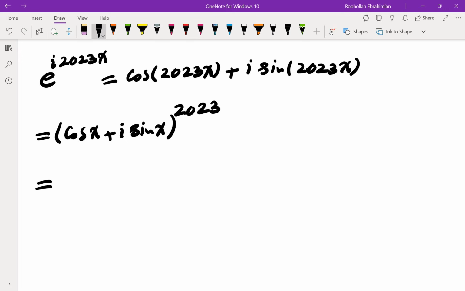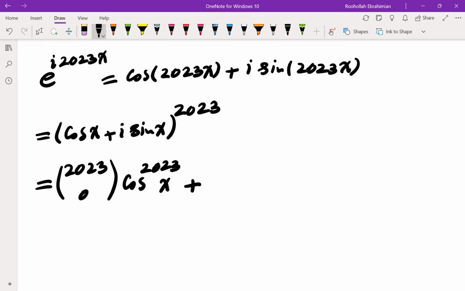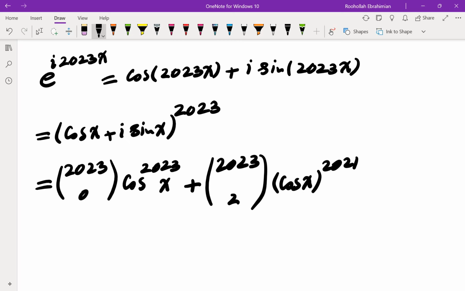So let's expand this to see what we get. The parts that are real are 2023 choose 0, cosine to the power of 2023, plus the next part that is real is when you have i sine of x squared. So 2023 choose 2, cosine of x to the power of 2021, and then i sine of x squared.